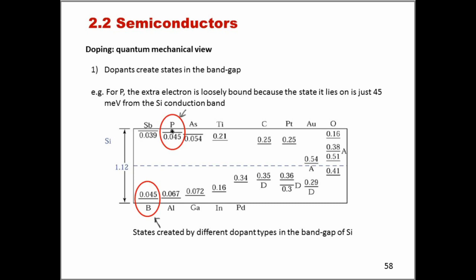This extra electron can be easily ionized, and so it can be easily made free, available in the crystal. It is enough to provide it with this 45 milli electron volts of energy to break it free into the conduction band, and the same for the hole from boron.